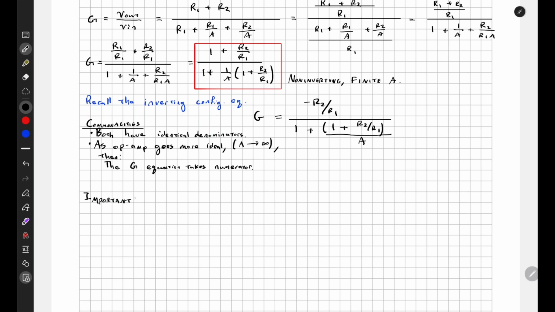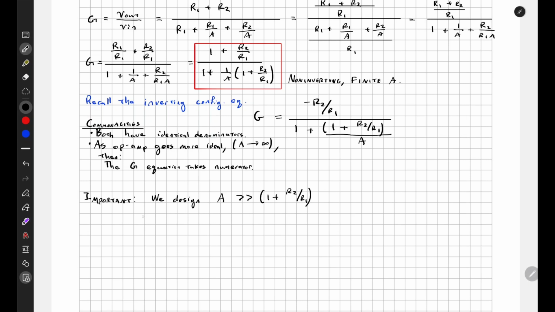It is important that we design open loop gain to be much bigger than the numerator. Why is it like this?